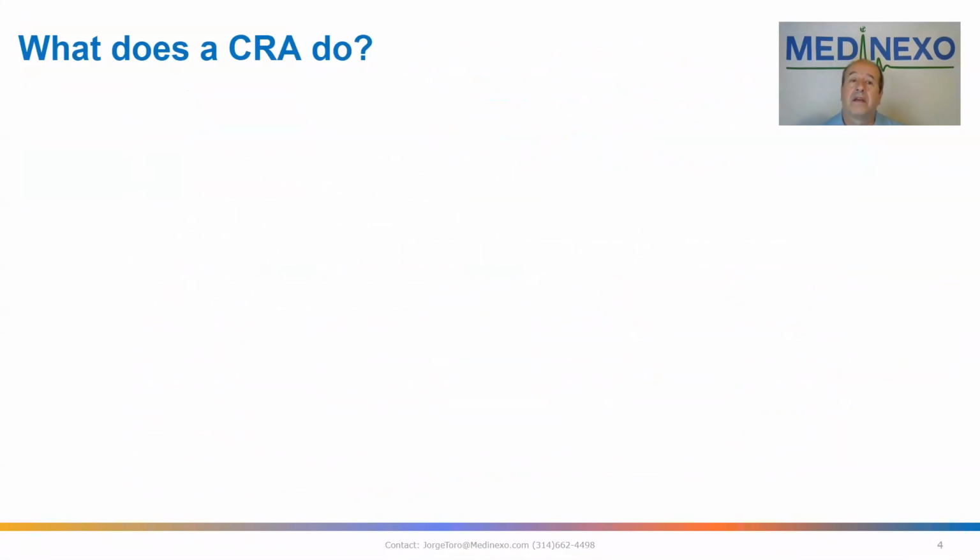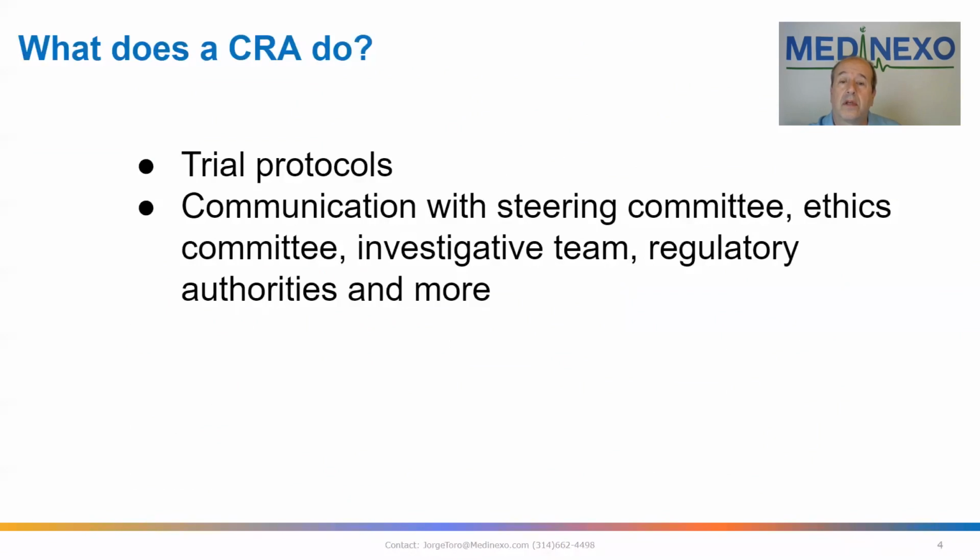What does a clinical research associate do? Clinical research associates typically manage the protocols. They help create them, they help document them, or they help adopt them, but they make sure that they enforce the execution and validity of the protocols. So trial protocols is a first for CRAs. Then there are communications with the steering committee, with the ethics committee, with the investigative team, with regulatory authorities, and more.